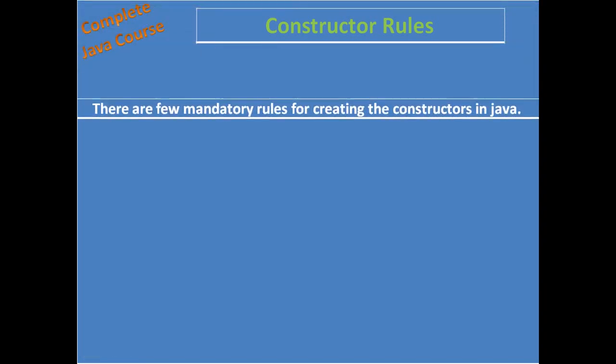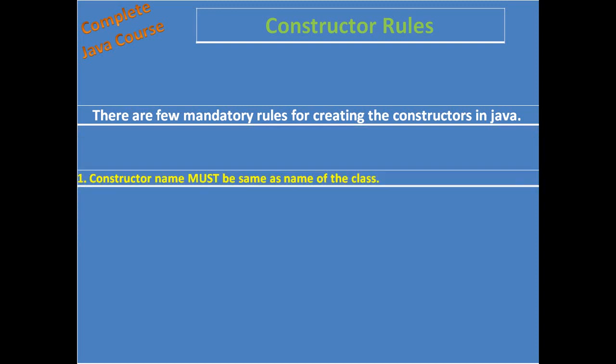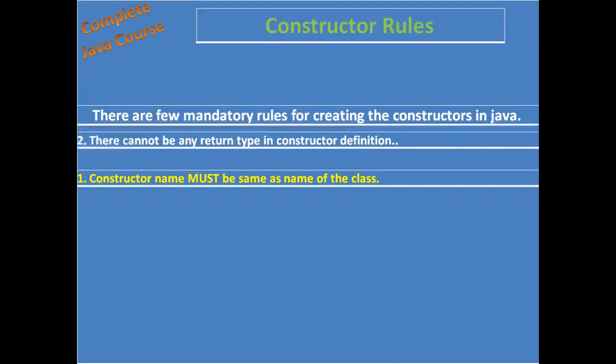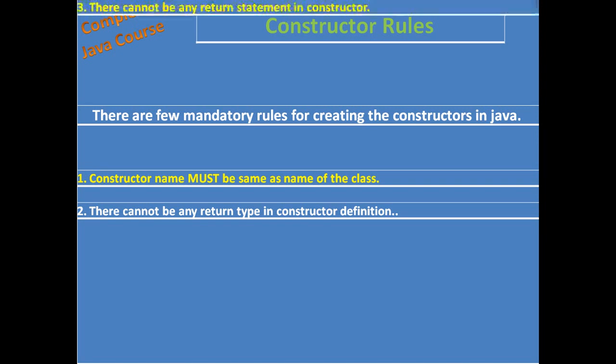Now we will talk about the constructor rules. There are a few mandatory rules for creating constructors in Java. Number 1: the constructor name must be the same as the name of the class. Number 2: there cannot be any return type in the constructor definition.